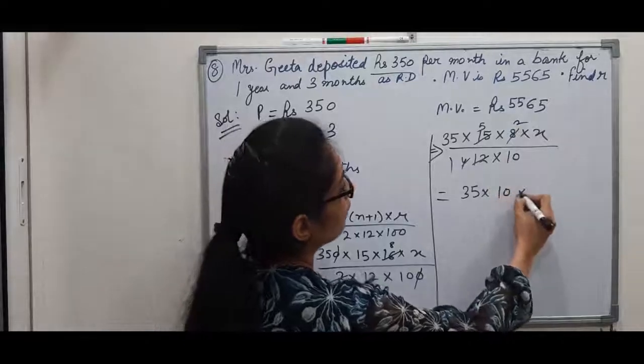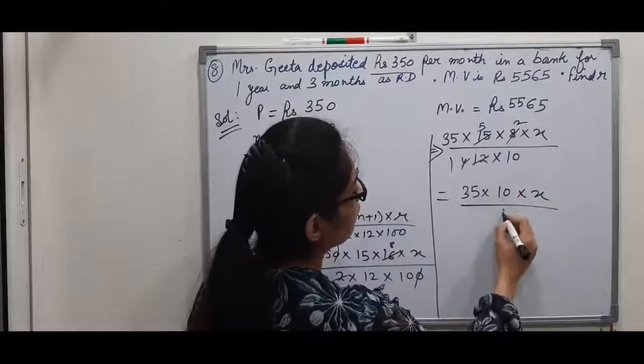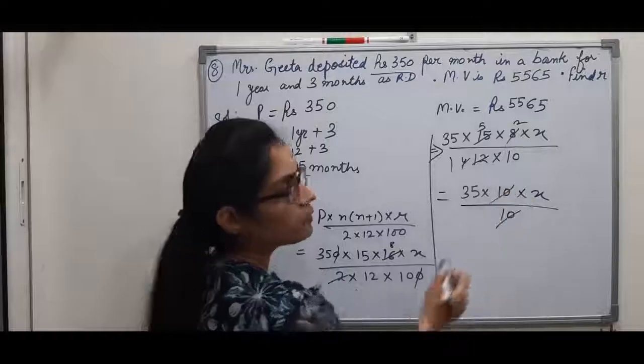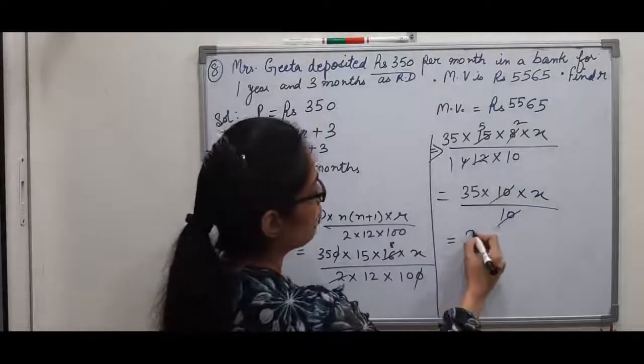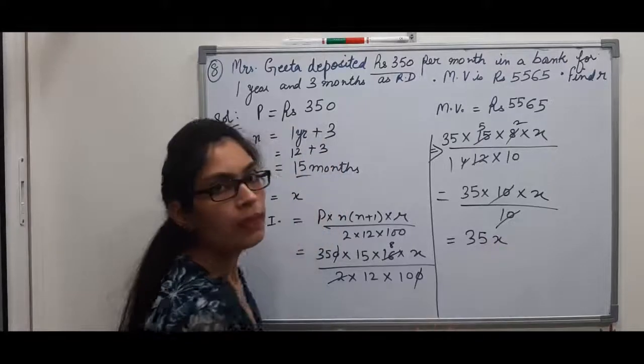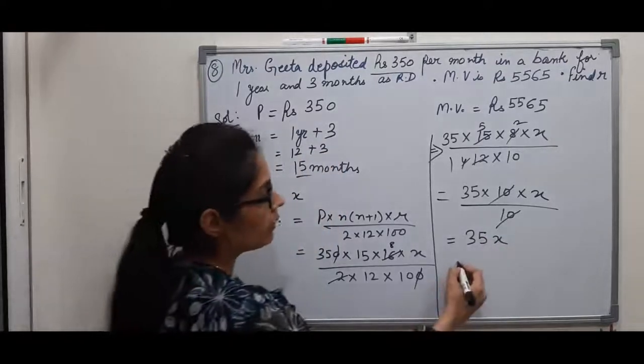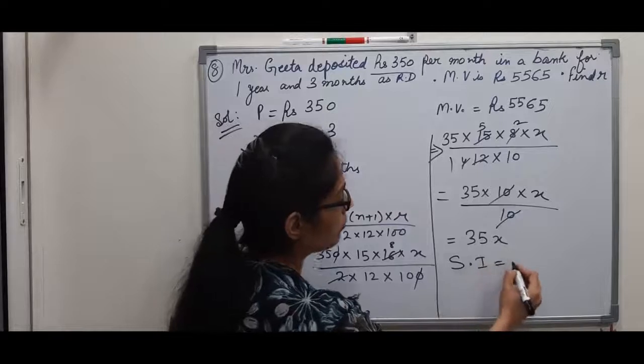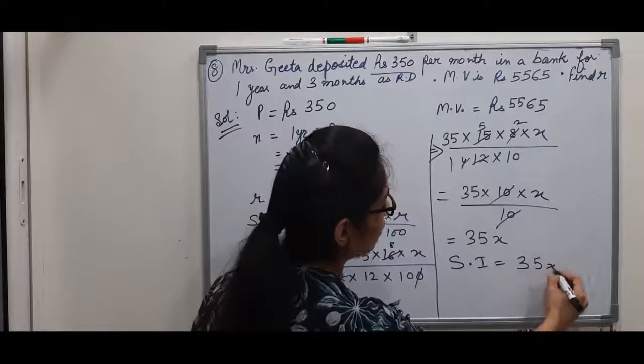So I will write 10 over here by x, here 10. Now I can see this 10 and this 10 will get cancelled. So I am left with 35 into x, which will be 35x. So I get the value of simple interest, which equals 35x.